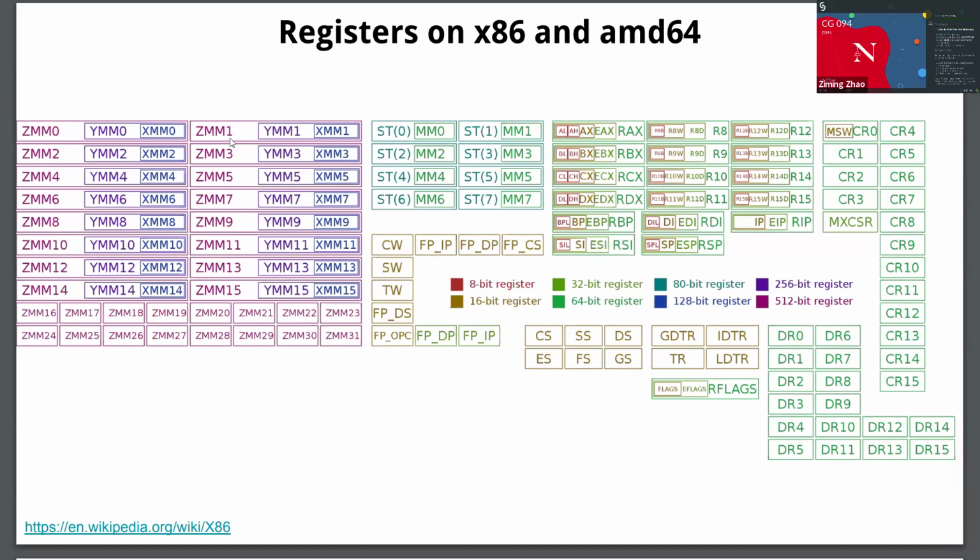You can see they are much bigger. Some of the registers can be 512 bits compared to the general registers we have here. They are much bigger. But in this class, we mainly use those registers and the flag.